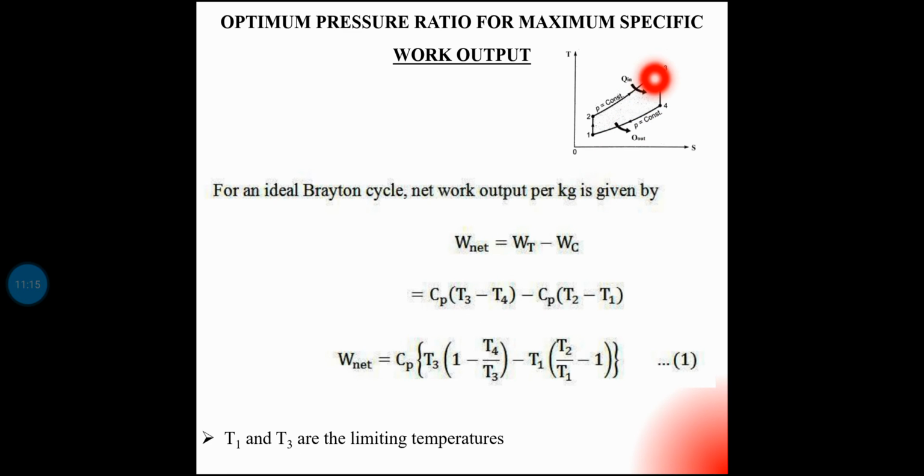That is, turbine work can be found out by Cp into T3 minus T4. This is the process in turbine. And compressor work can be found out by Cp into T2 minus T1. This is the process happening in the compressor, indicated on the TS diagram.